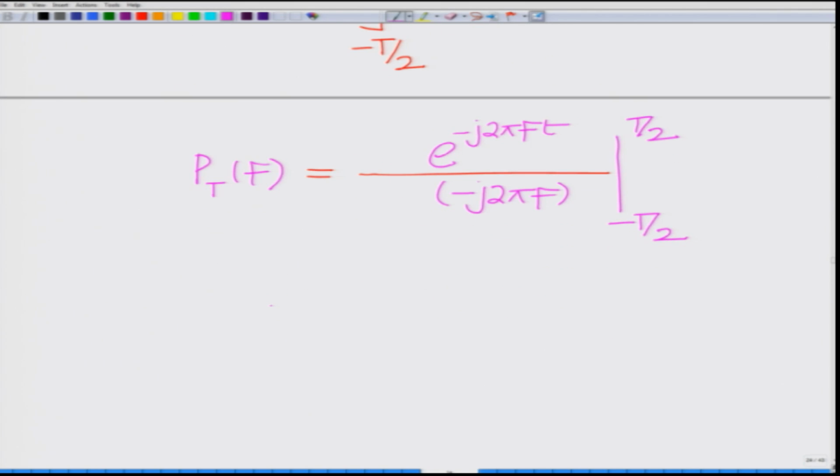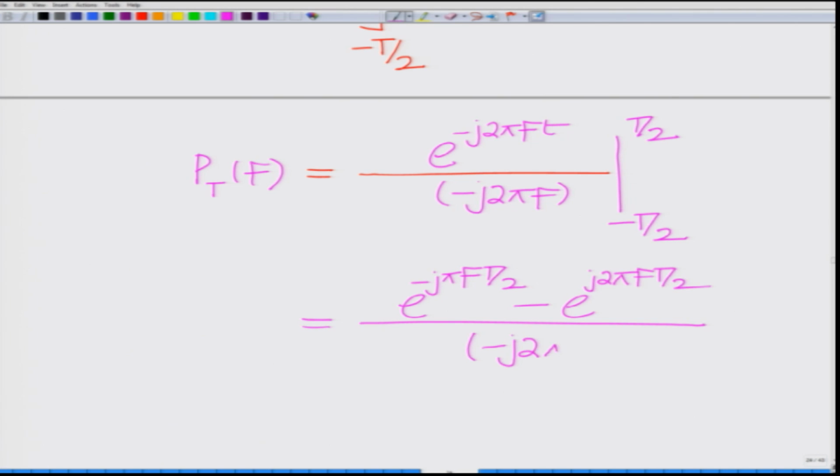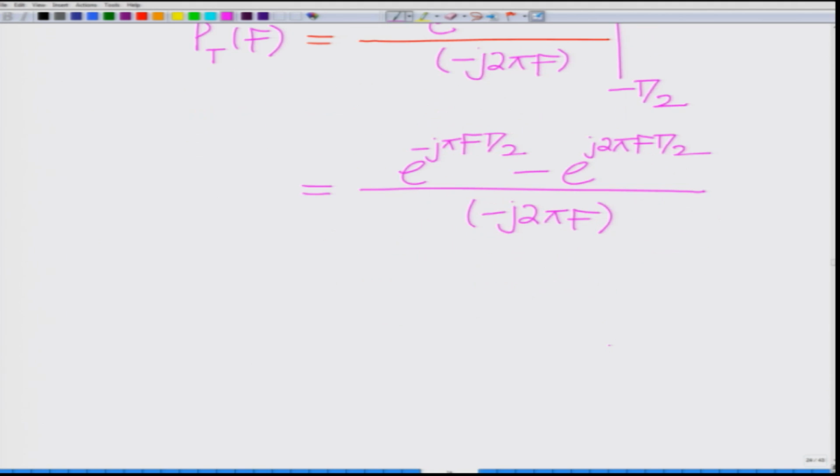And now substituting the limits, we have e to the power of minus j pi f T minus e to the power of j pi f T, divided by minus j 2 pi f.